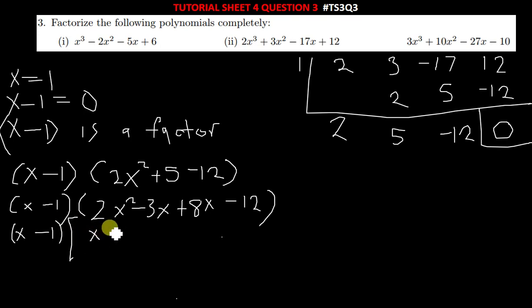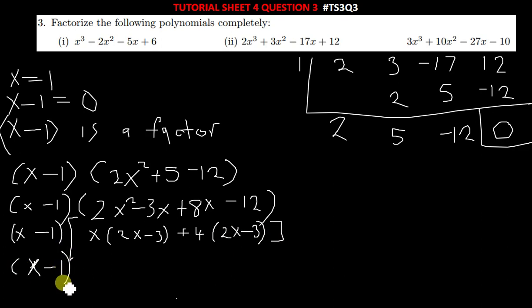We're going to have x as the factor, and then inside there we have 2x minus 3. Then here the factor will be 4, which will give us 2x minus 3 inside, like that. So here we now write our expression in a factorized way, which has been asked in the question.